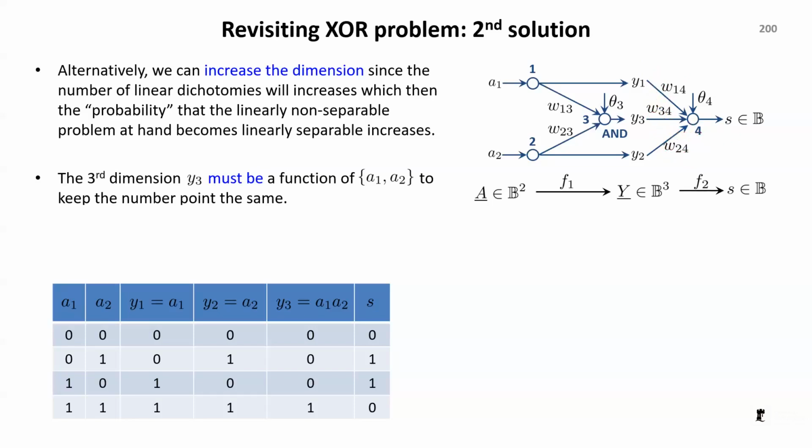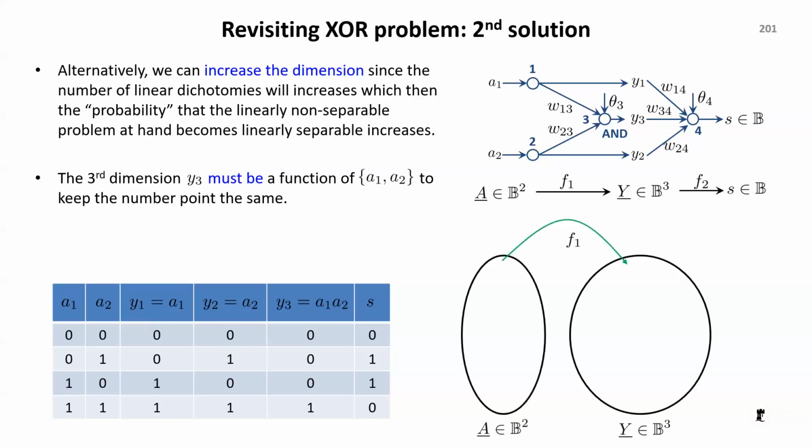If we have 3 dimensions, we have Boolean cubes. And this is how it looks like. The input is 2 dimensions, right? And then we want to map it into the third dimension. Let's see how the mapping works.